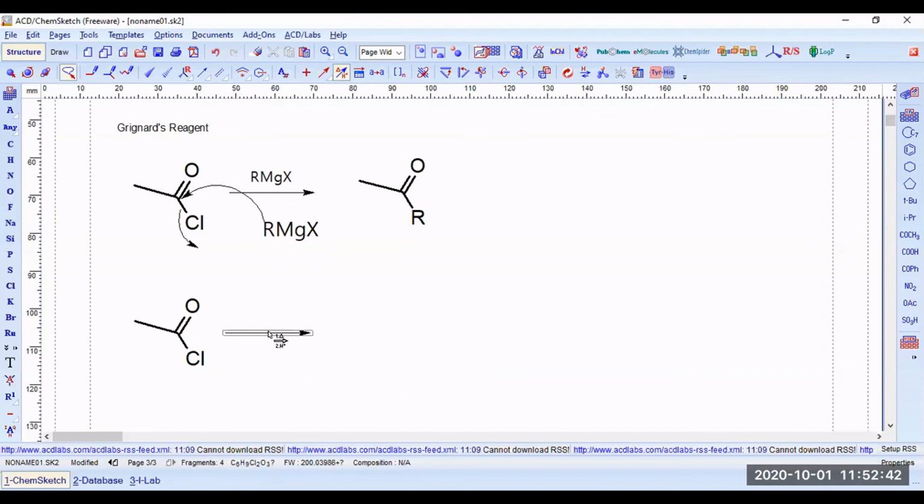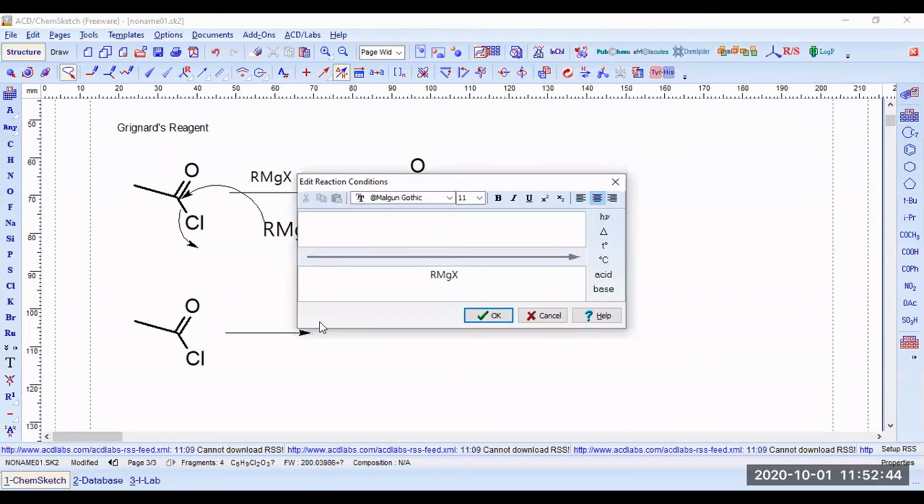Keep in mind: dialkyl, you can write directly R2Cd or R2Cu, and this 2 should not be in superscript.